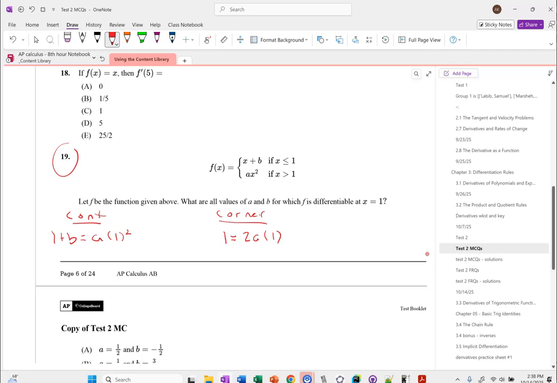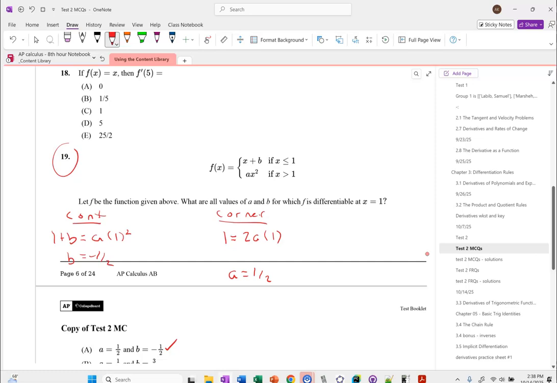So I use the corner piece to solve for a, and then I can drop that into the continuity piece to get b. So then a would have to be 1/2. But that's a good one.